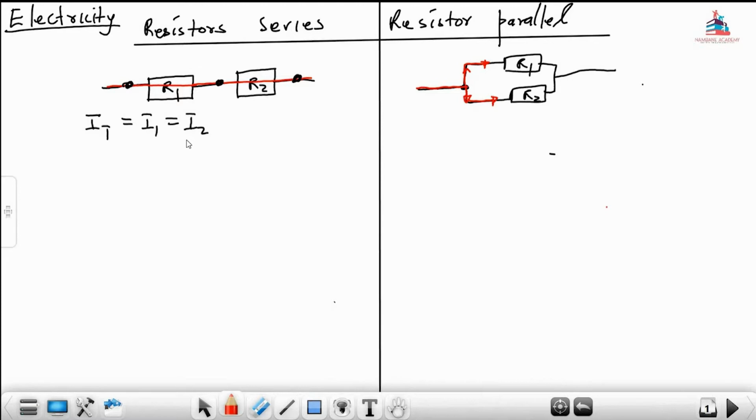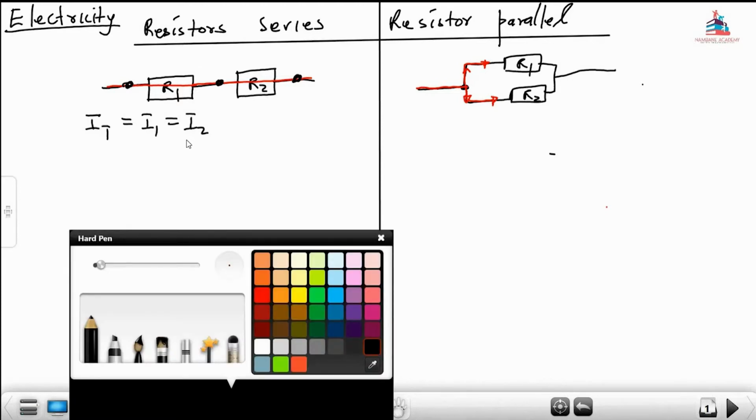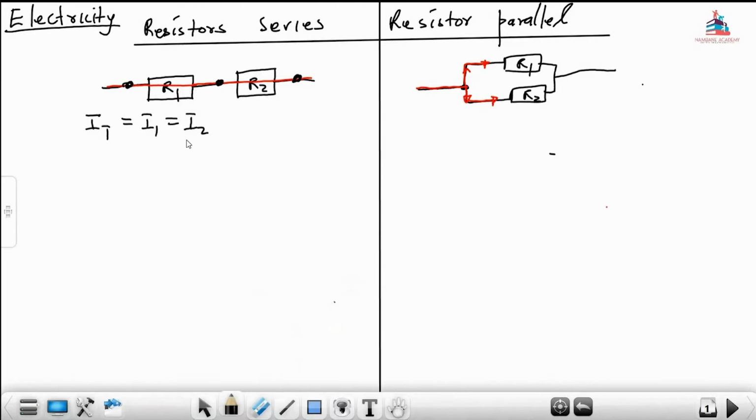So for me to fully understand how the current will flow in a circuit in which we have resistors connected in parallel, I total is equal to I1 plus I2.